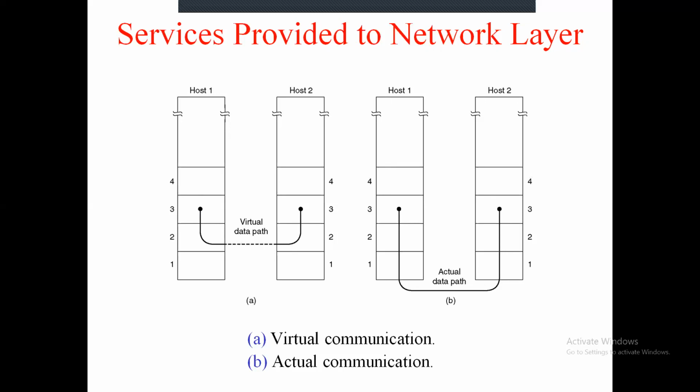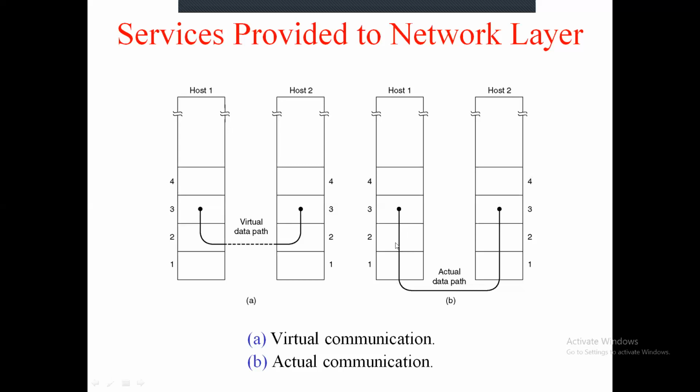Now the second diagram, the other side diagram, represents the actual communication between sender and receiver. The data link layer is getting the data from the network layer. You may have a doubt: sir, we are discussing the data link layer, why are you talking about the network layer?